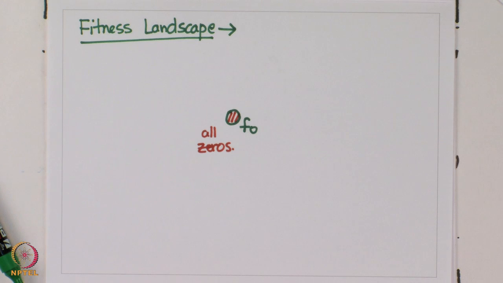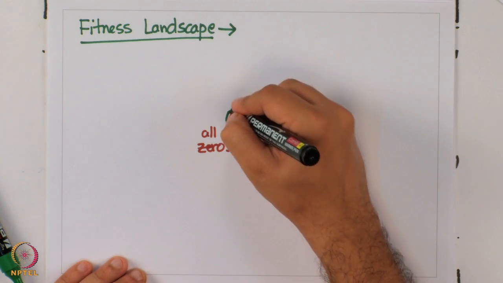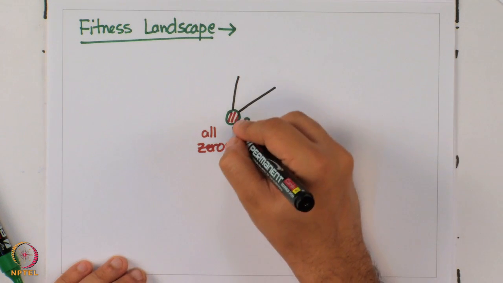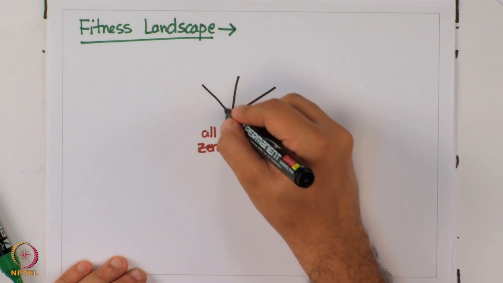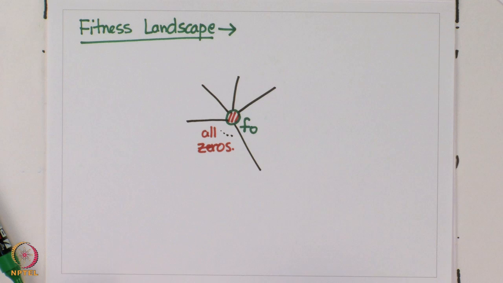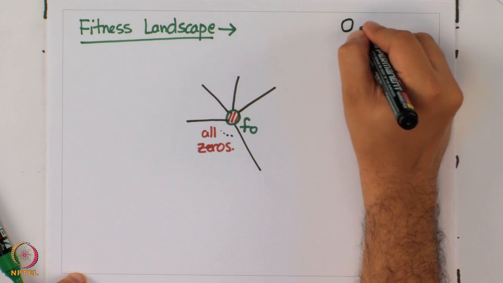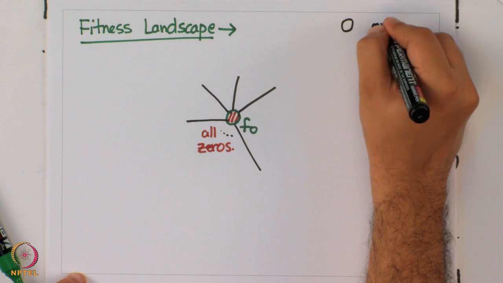The number of neighbors for this particular node is going to be exactly L. If the length of the DNA that we are interested in is L, the number of neighbors that this sequence or any other sequence will have will also be exactly L. And the reason is because DNA is binary. At every position you either have 0 or you have 1.